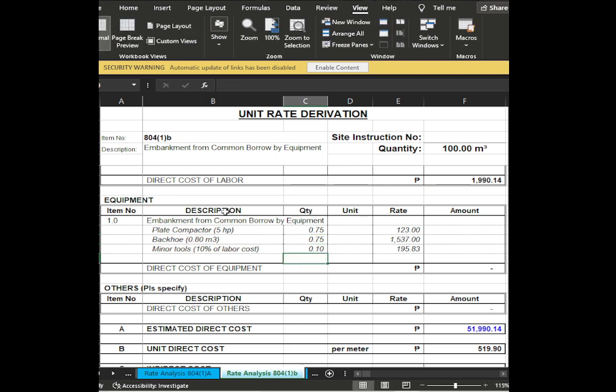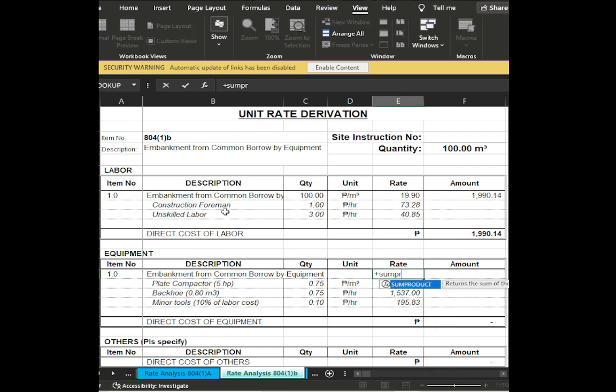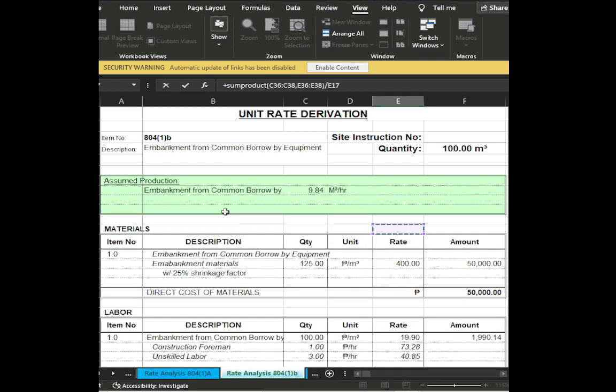We'll just copy the units and get the sum product of these equipment. Then we will divide it by the assumed production so that we can get the peso per cubic meter.